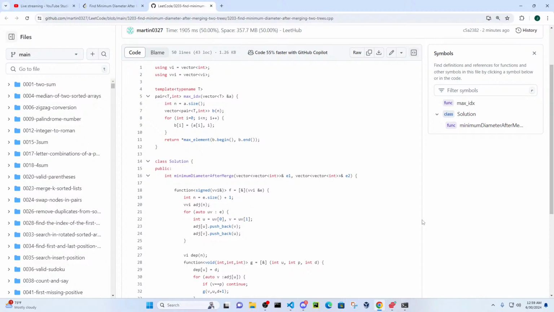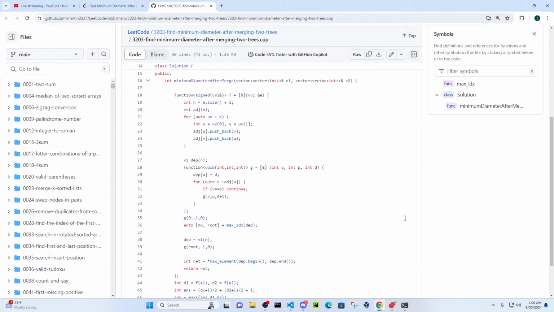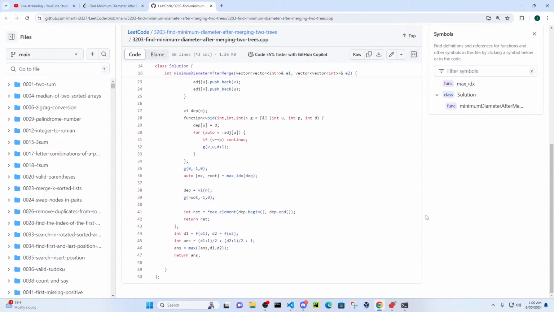Or if the diameter of tree 2 is so long, then the answer should be the diameter of tree 2. What else could be the diameter of the total tree? So, I got what you're saying. You're finding the diameter of the tree, the greatest distance from one node on one end to the furthest node on the other end, and then you're returning the max of the diameters of the two trees.